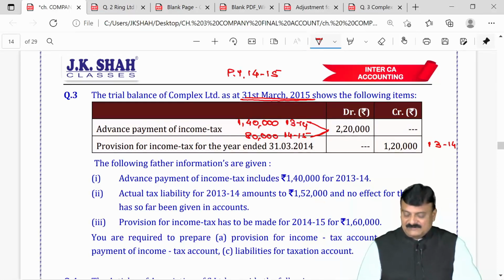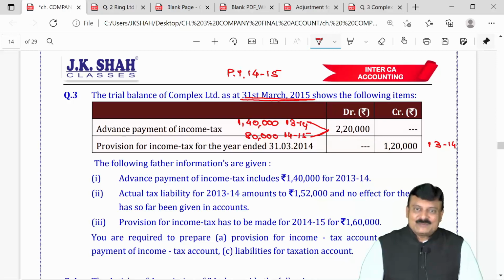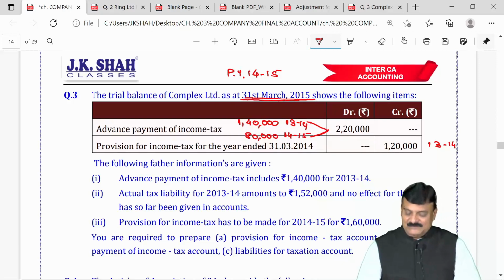Provision for income tax has to be made for 2014-15 for 1,60,000. That is, provision for the current year has to be made by you. You are required to prepare provision for income tax account, advance payment of income tax account and liability for taxation account. So we now try to see how you proceed with it.